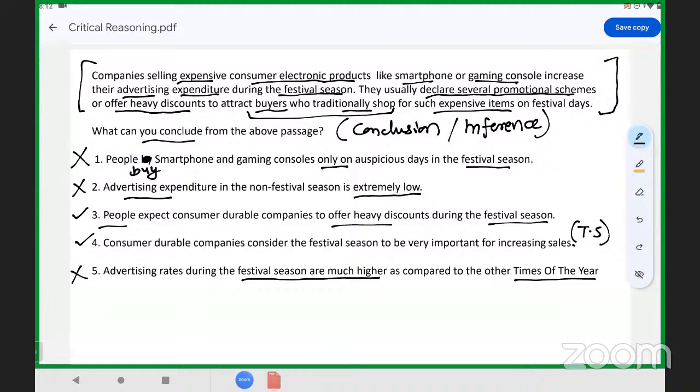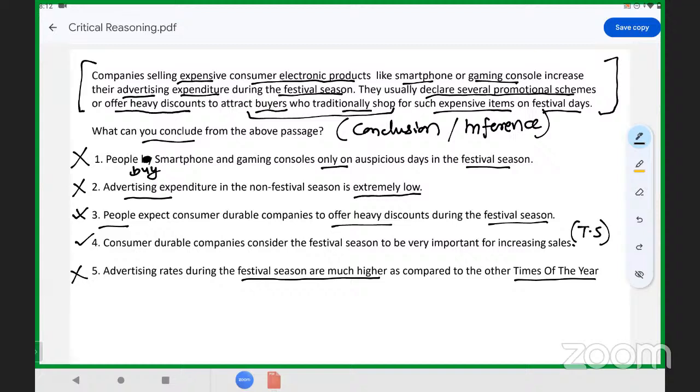It comes across as if all people are expecting, but again it is traditional shoppers who are expecting something in the festival season. They are basically attracting the people who traditionally shop for expensive items on festival days. So we can cancel this out.